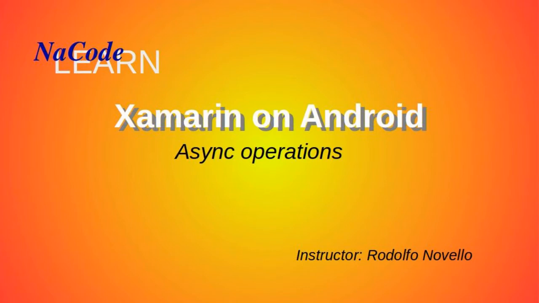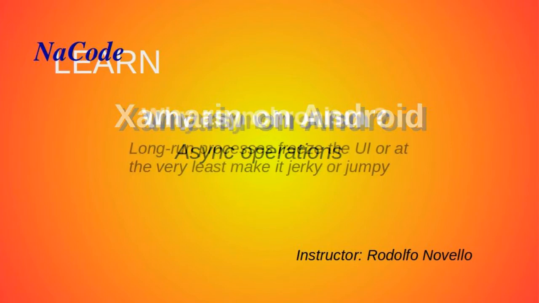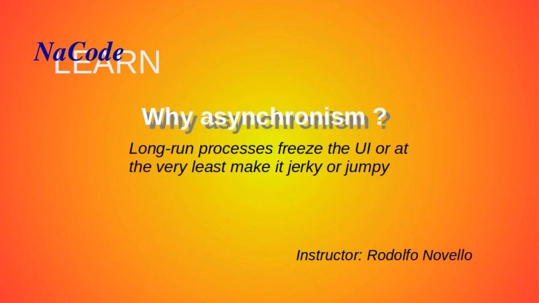Let's talk about async first. What does that mean? The main reason for going async on a mobile application are normally those long-running processes that make you feel that the flow of the execution has been stopped, or at a minimum it appears kind of jerky.